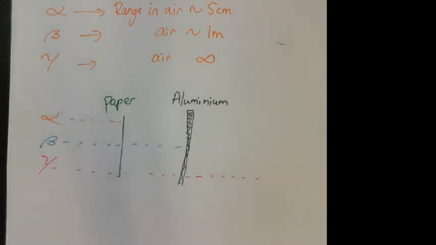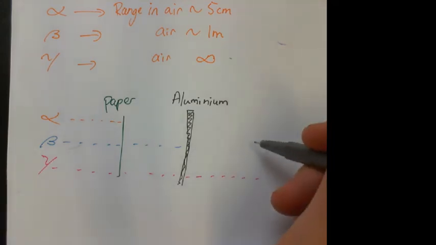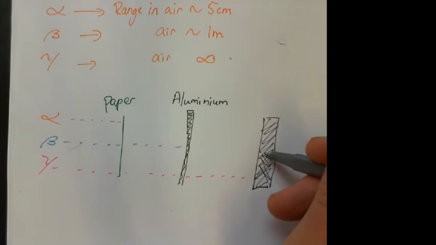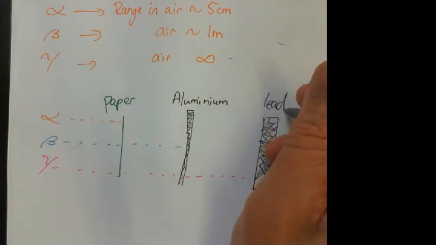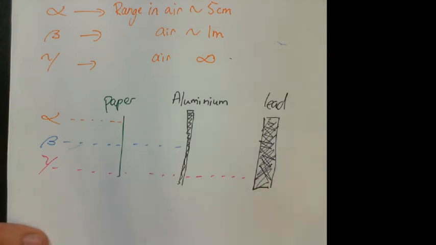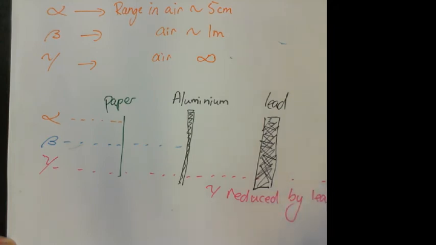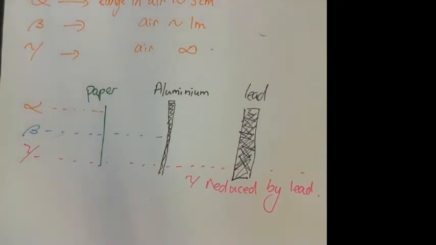And this time we put something even thicker in the way, a piece of lead. And what we notice then is, no matter how thick that lead is, gamma is reduced by lead. You can't stop it completely, but you can nearly stop it completely. So we say that it's reduced by lead.